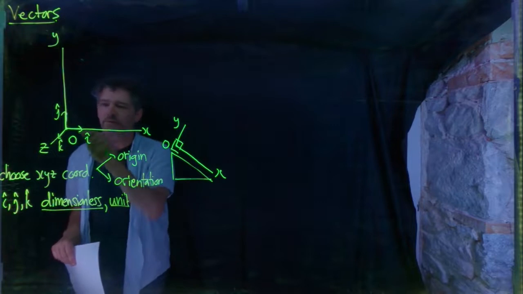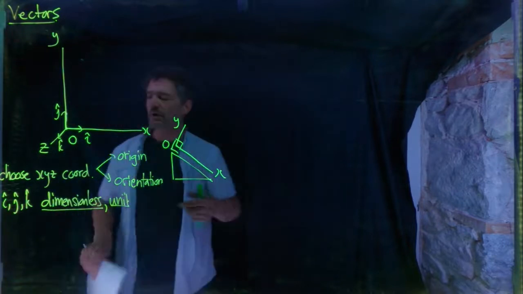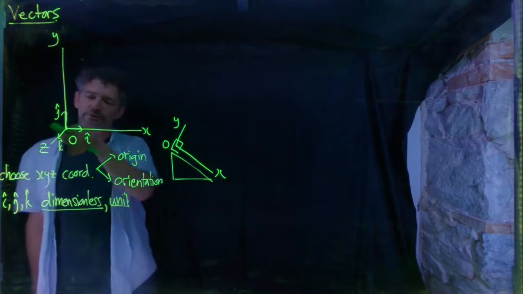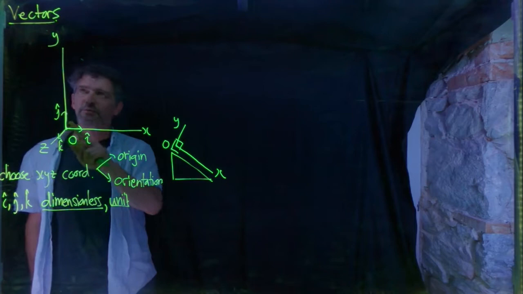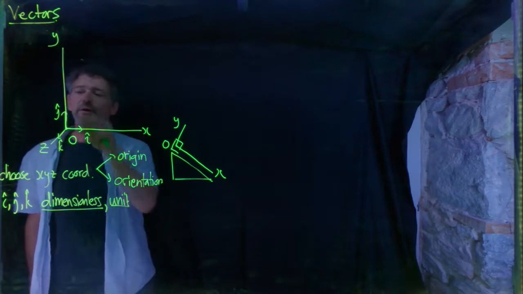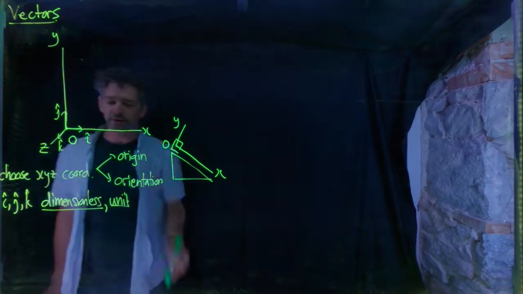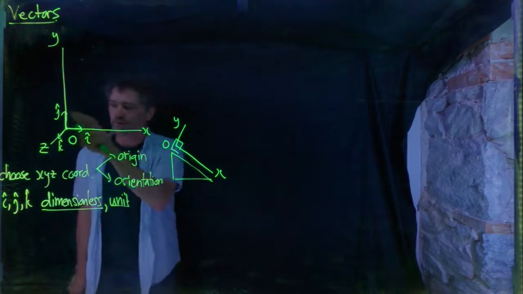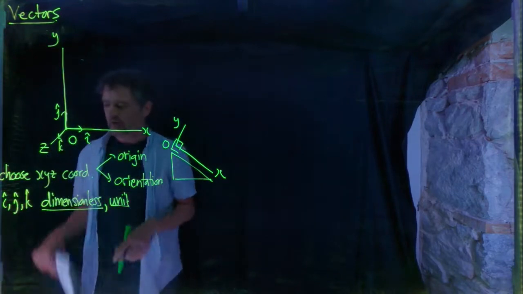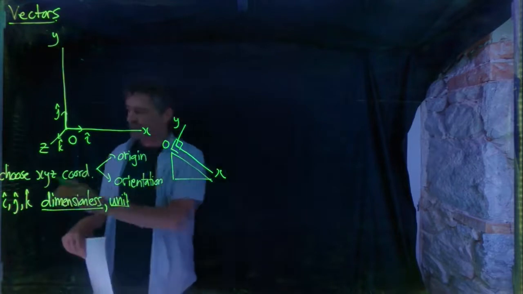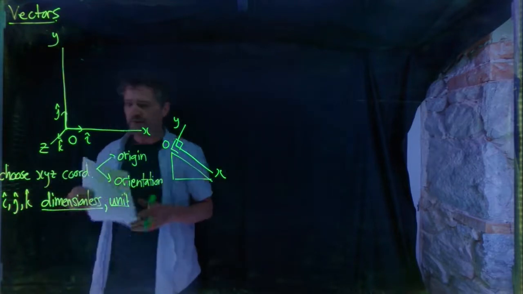Okay, so the length of this vector, and this vector is just the numerical value 1. So i hat is a vector pointing in the direction of increasing x and has length 1. j hat is a vector pointing in the direction of increasing y and has length 1, and similarly for k hat. So they're unit vectors, length 1, and they're dimensionless. Okay? The dimensions for vectors come from what you multiply these guys by.